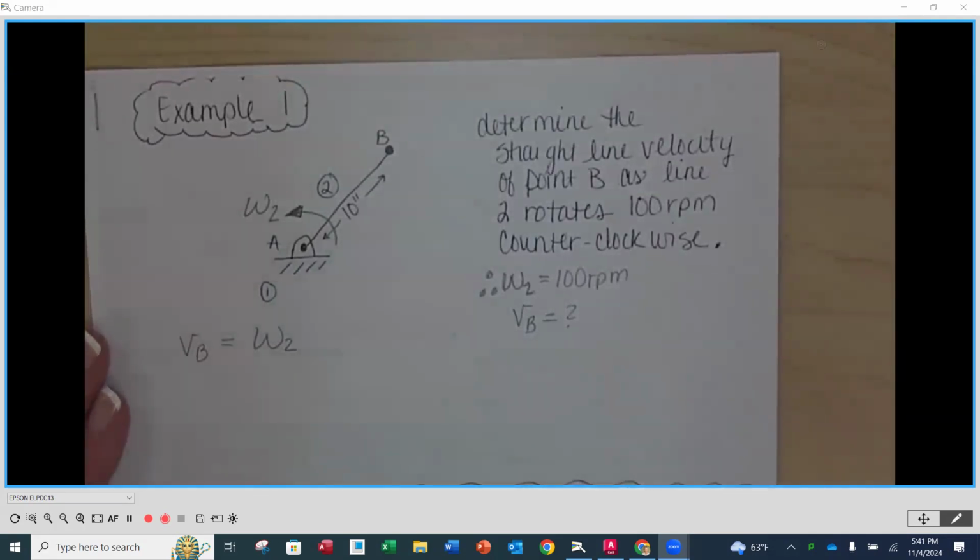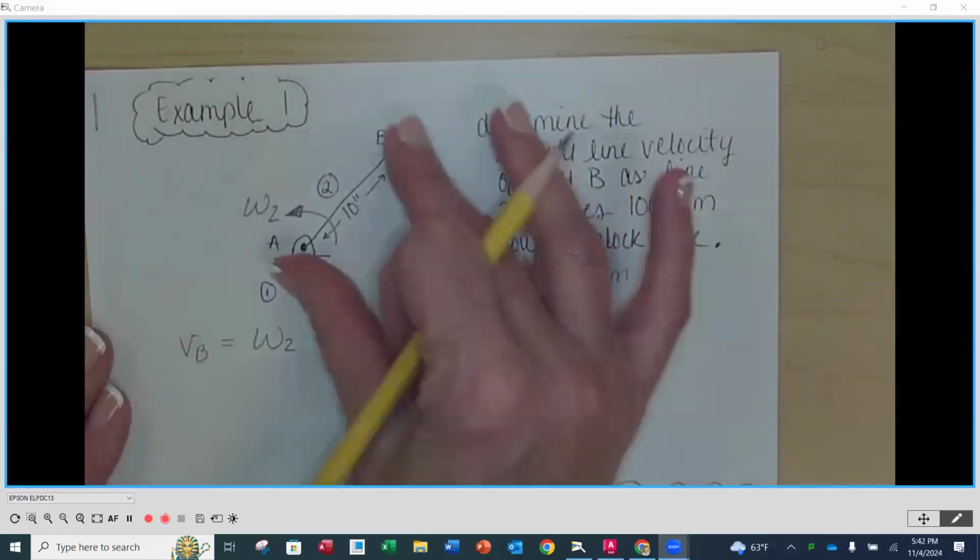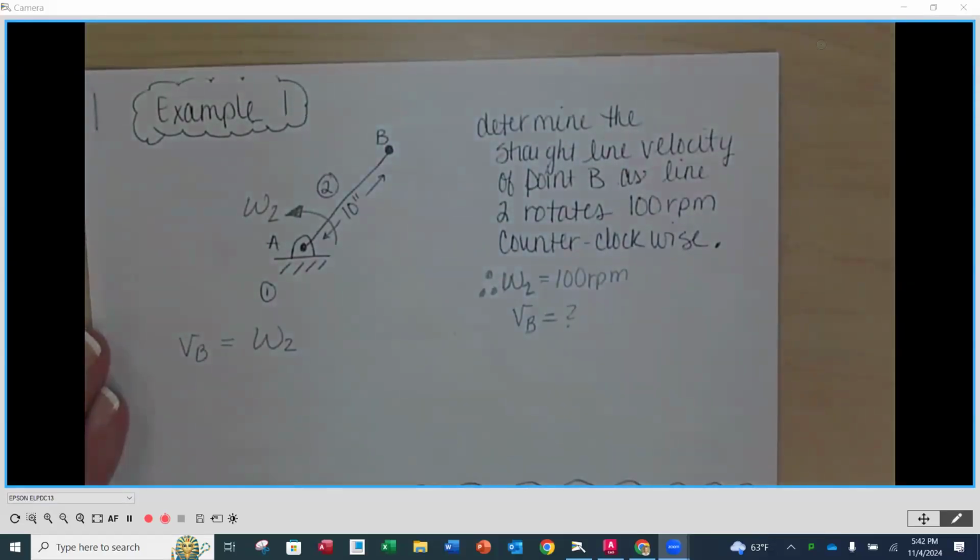Link number 2 is the whole thing, and this entire thing is going around at 100 RPMs. Then we multiply that by RB, the radius from the center of rotation to point B.